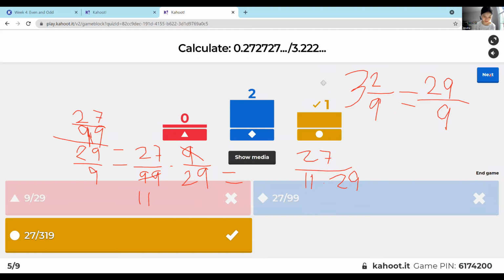A quick way to do this would be to see that the denominator must be 27, not 9 over 29, since you can't cancel out a 3 in the denominator. And also 11 times 29 is greater than 11 times 9, which is equal to 99. And that's why the answer can't be square either. So this works.